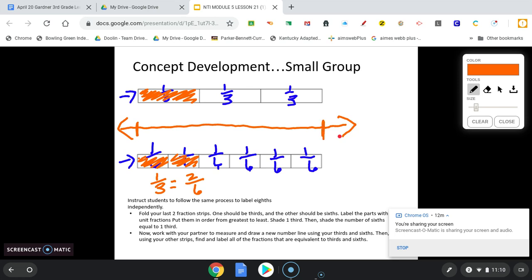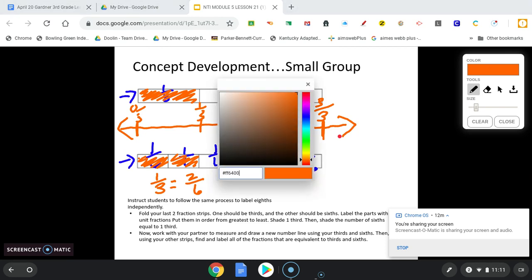Now I'm going to start by labeling my thirds. So this would be 0/3, 1/3, 2/3, and 3/3. And I did it just like it is up there. Now I'm going to look down here and label my sixths. And I'm going to change my color again.